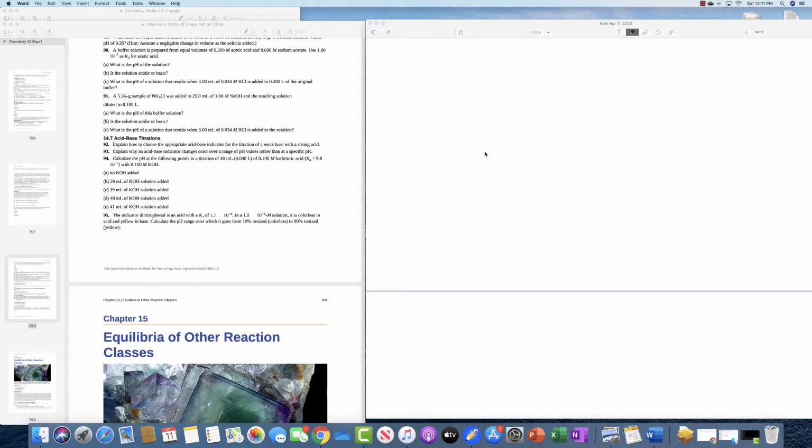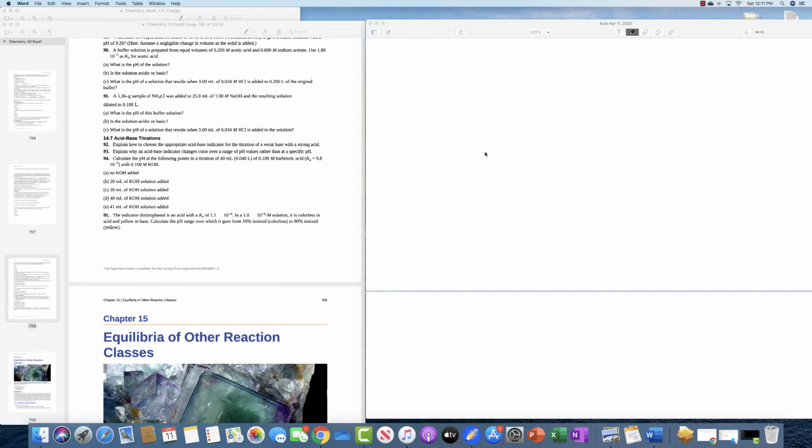And if you add 3 milliliters of 0.034 molar hydrochloric acid, what is the new pH? If it's added to 200 milliliters or 2.2 liters of the original buffer.